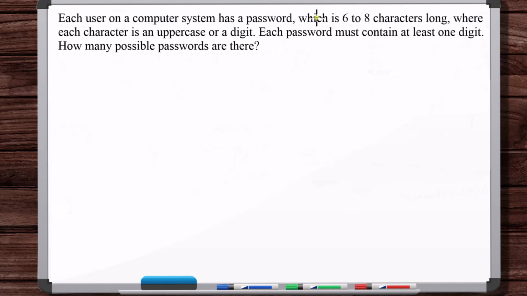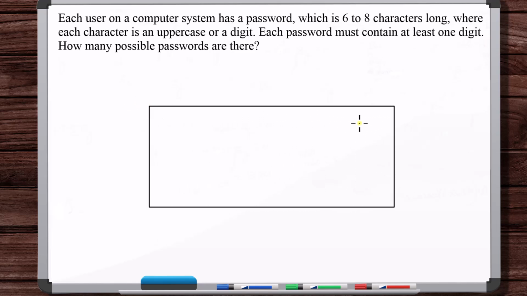But in this case, the easiest path is, if this is the entire system, and the entire system is all 6, 7, and 8 character passwords that contain any uppercase letter or digit, however you want to do it.